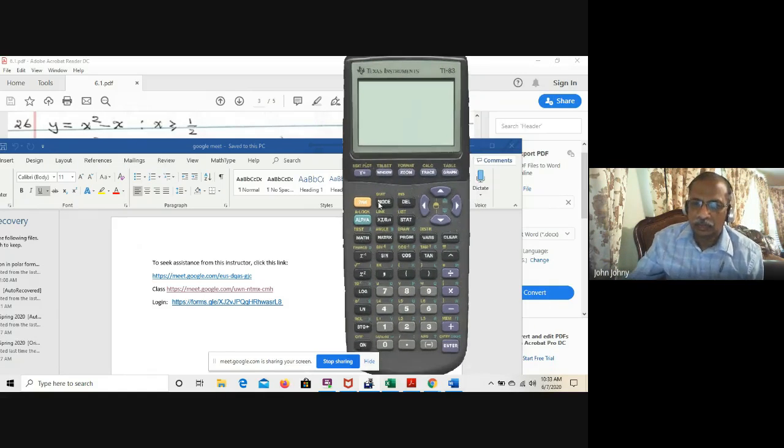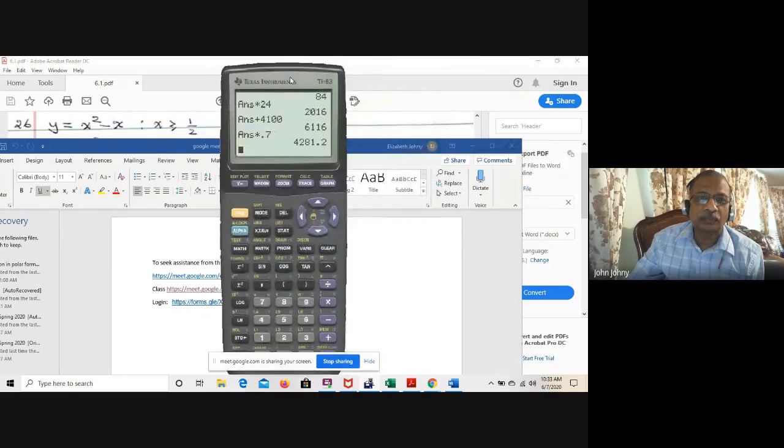See, on the calculator you graph it. y is equal to x squared minus x, and then graph it. You see the graph does not pass the horizontal line test. So it is not a one-to-one function.